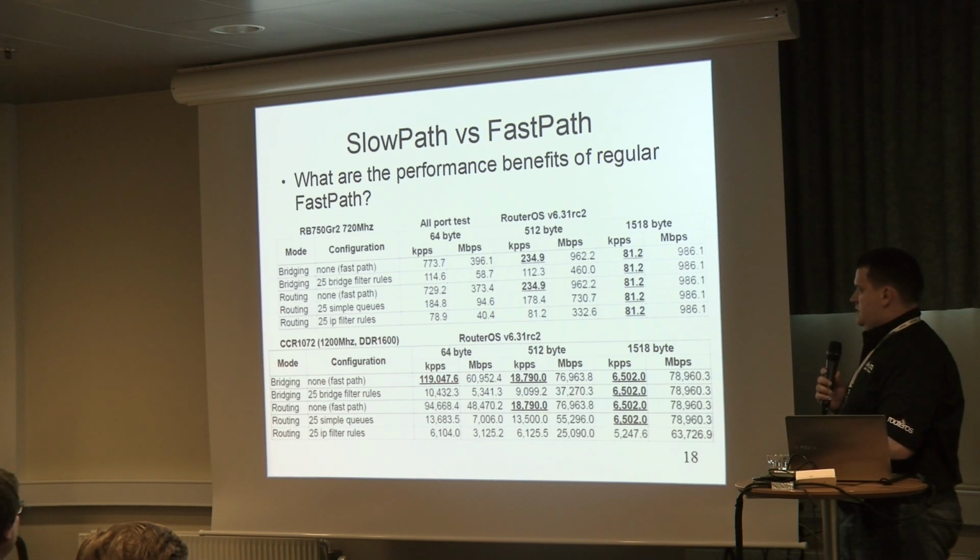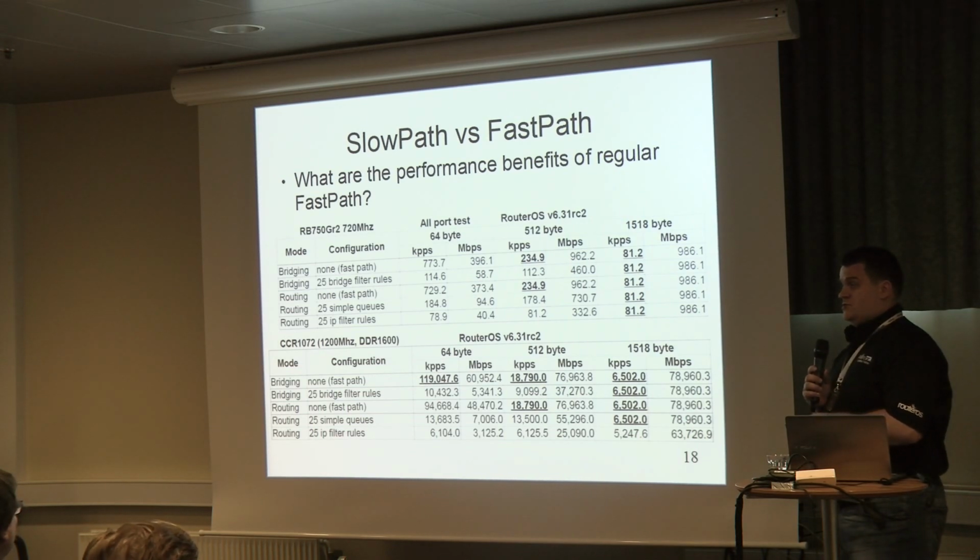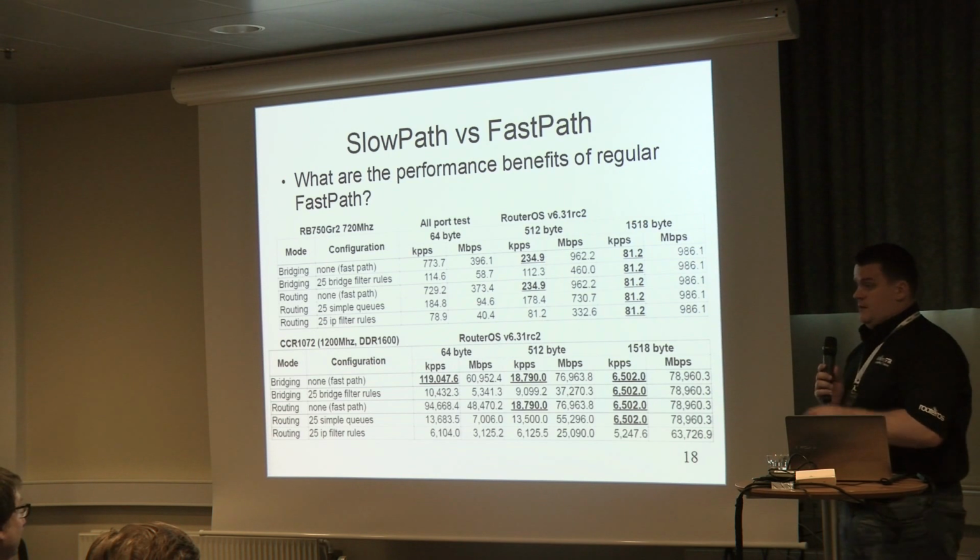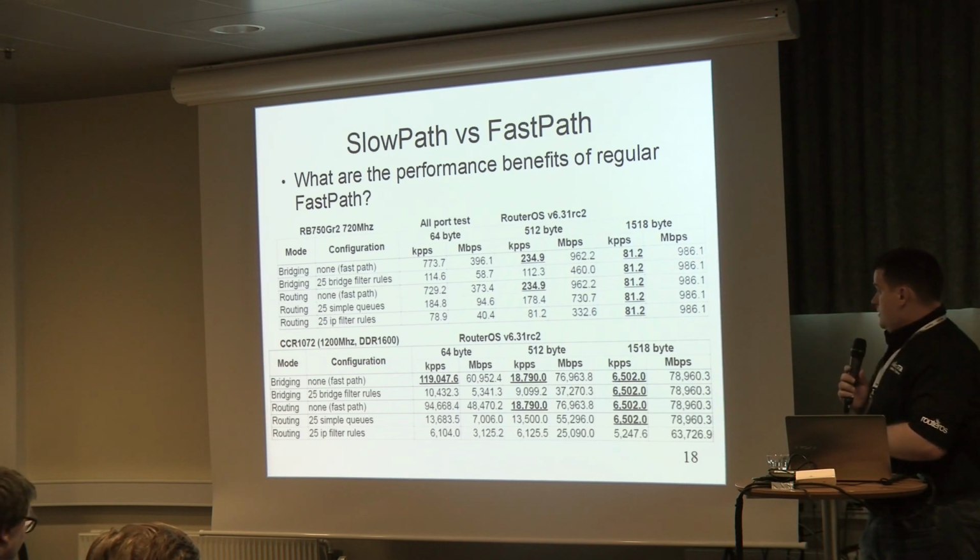I don't know why, but if you use the 72 core as a switch, so just bridge all the ports together, you can actually work at wire speed without any issues. So that's 119 million packets per second.